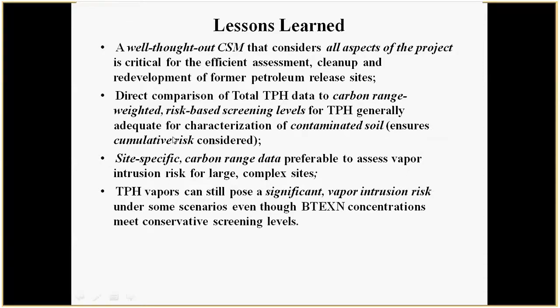This also ensures that cumulative risk is considered instead of looking at each individual carbon range separately. And site-specific carbon range data are preferable to assess vapor intrusion risk for large, complex sites, as we showed in this case study. TPH vapors can still pose significant vapor intrusion risk at sites under some scenarios, like for diesel in this case, even though BTEX concentrations meet conservative screening levels.